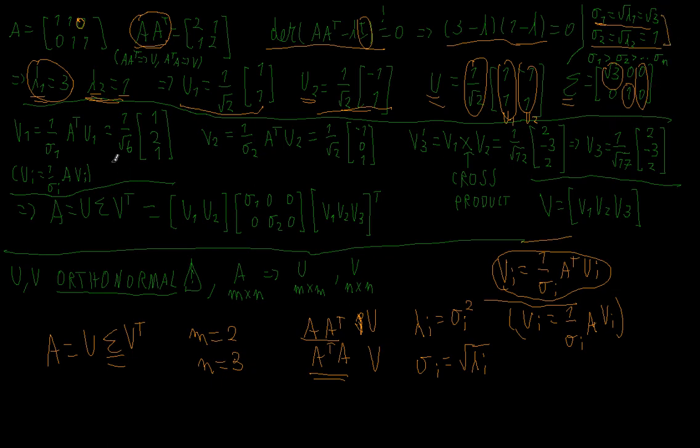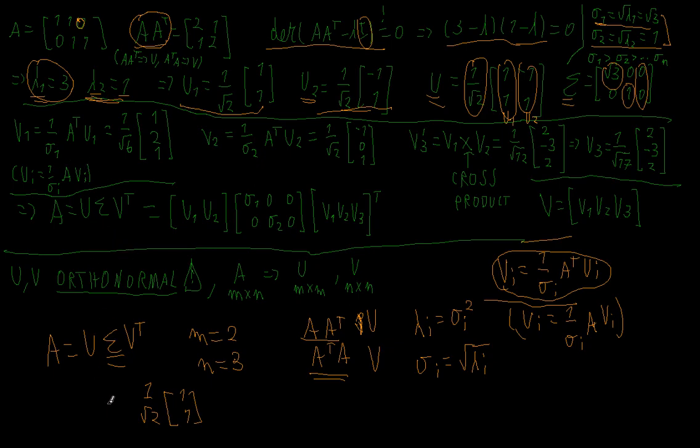So we have v sub 1 is equal to 1 over sigma sub 1 times A transpose and u sub 1. If we do that, we get 1 over square root of 6 times the vector 1, 2, 1. Is that correct? Let's see. We get 1 over square root of 2 times 1, 1, that's my vector.